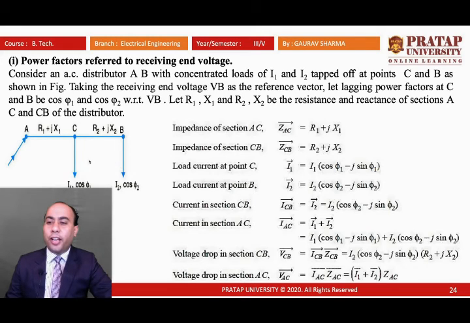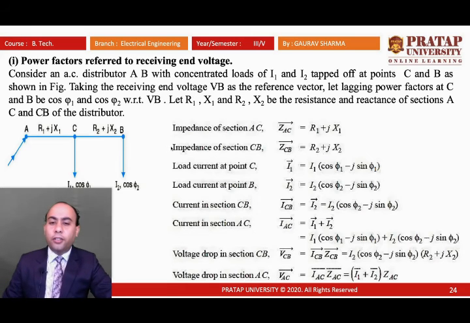Let the lagging power factors at C and B be cos phi 1 and cos phi 2 with respect to VB. Let R1, X1 and R2, X2 be the resistance and reactance of the sections. Section AC has resistance R1 and reactance X1, and section CB has resistance R2 and reactance X2.